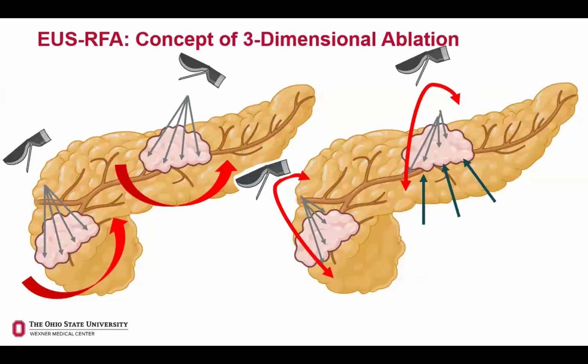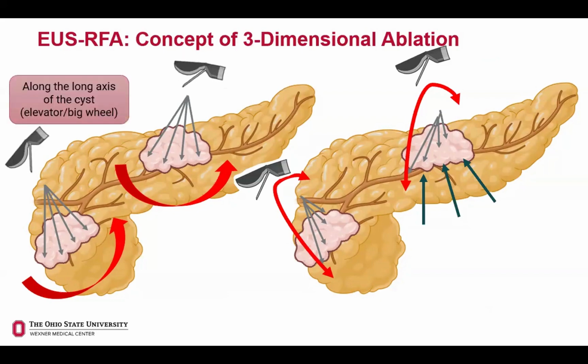Now, this aspect of 3-dimensional ablation: EUS is essentially 2-dimensional, but remember that the cyst is 3-dimensional. Once you have the RFA needle in the cyst, depending on the location, your first direction with the elevator is along the long axis of the cyst, as shown in that first picture.